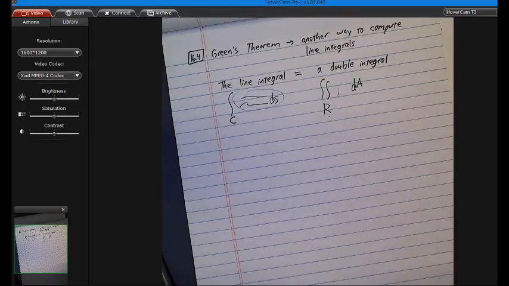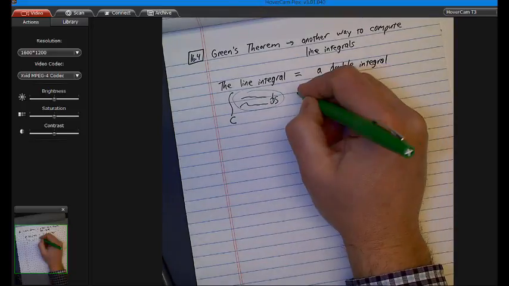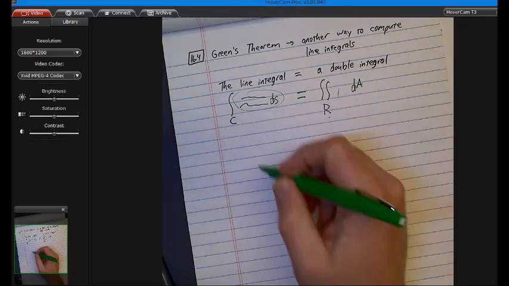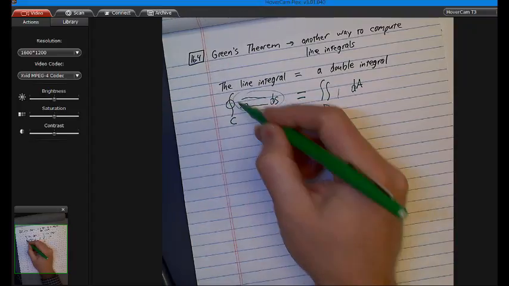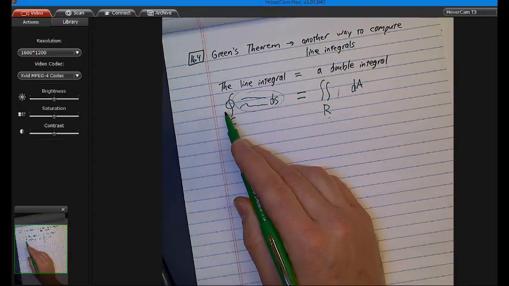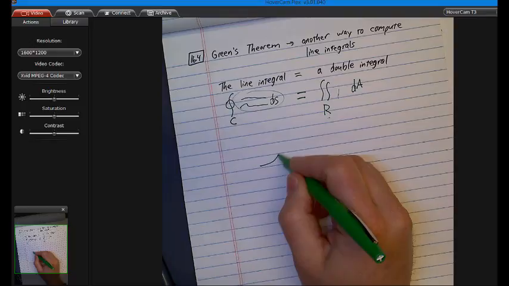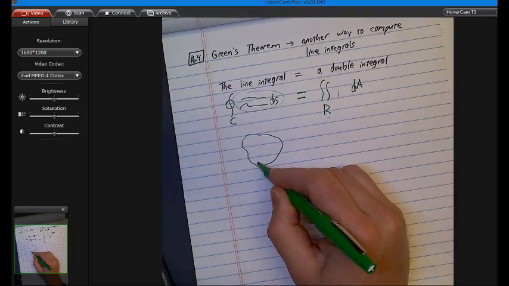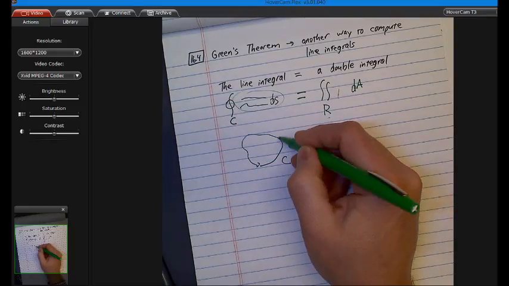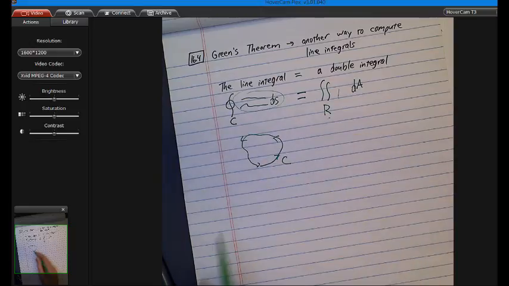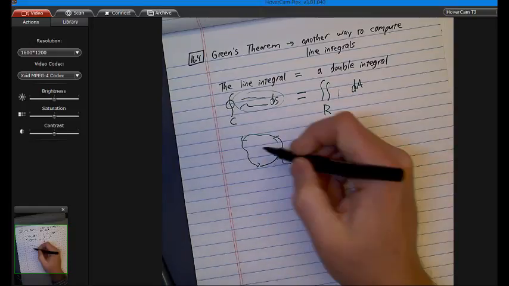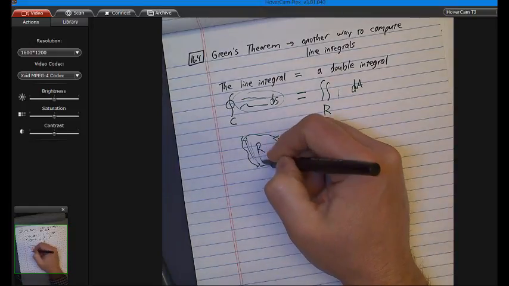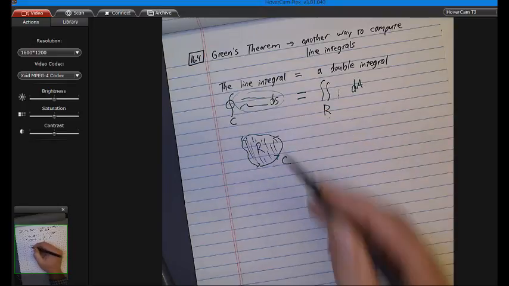Well, here's what's really kind of cool in my mind. These are equal, and here's the deal. If you have a simple closed curve, which is what that symbol means, then I'm picturing, here's my C. Well, guess what, guys? Here's your R. It's that region.